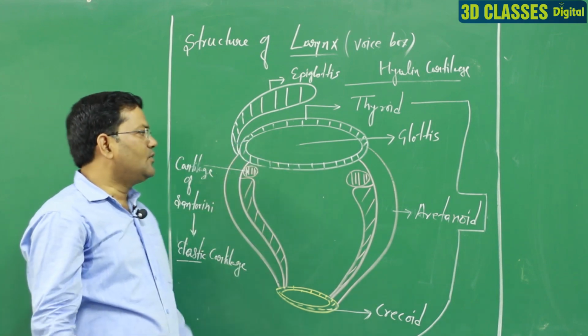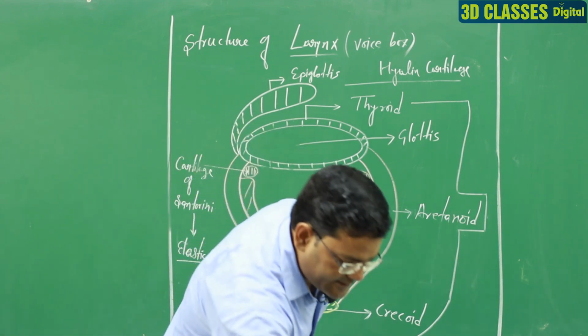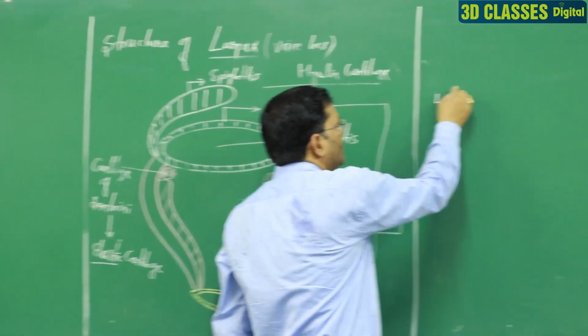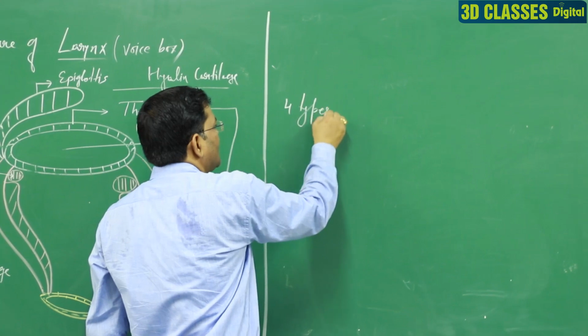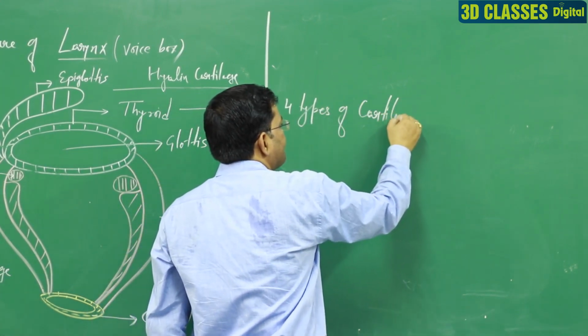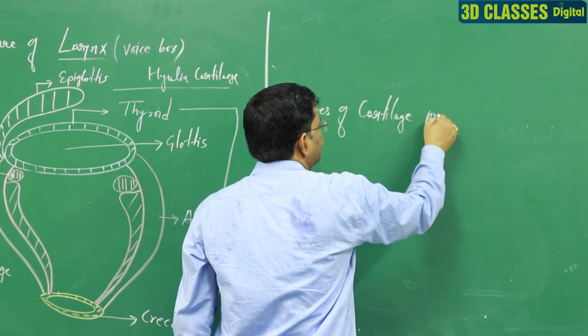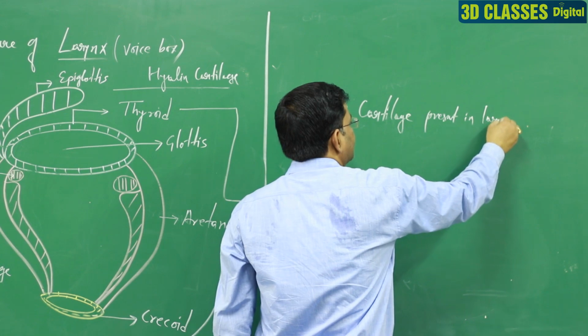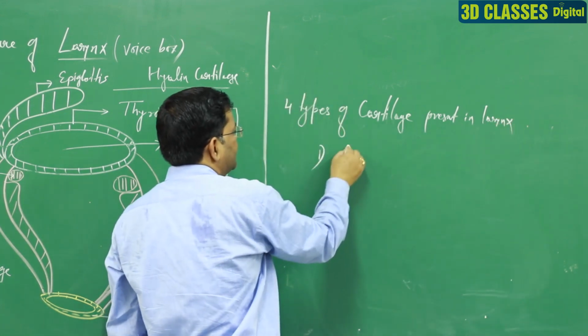So four types of cartilage are present in the larynx. First, thyroid.